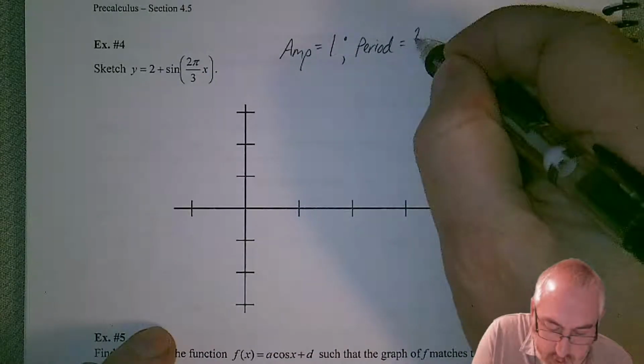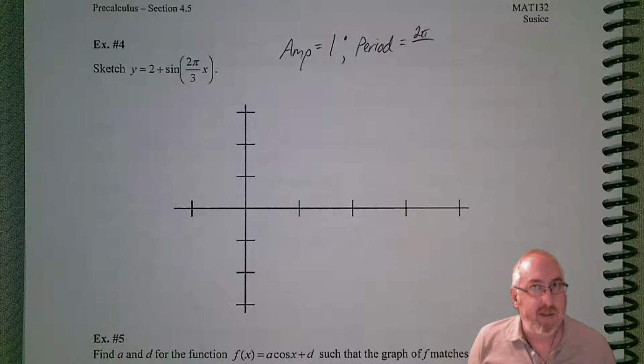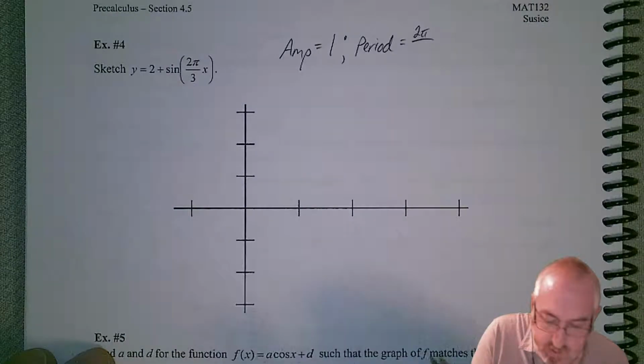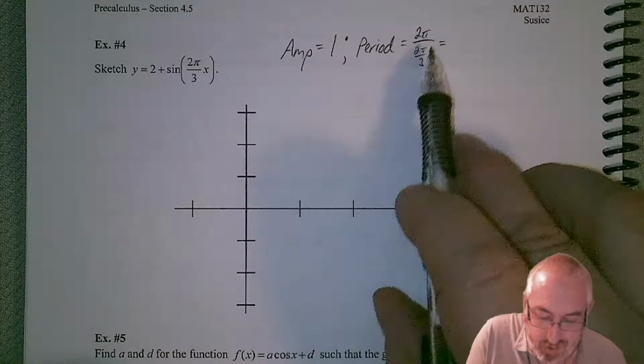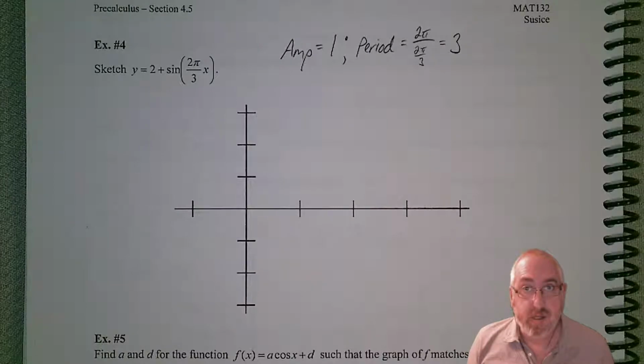So what is b in this case? Yeah, we have a really complicated b. We got 2 pi over 3. So that whole thing is going to be in the bottom. Now, if you know your same switch flip when you're dividing fractions, then you can see that this would reduce down to 3. So the period in this case is 3.